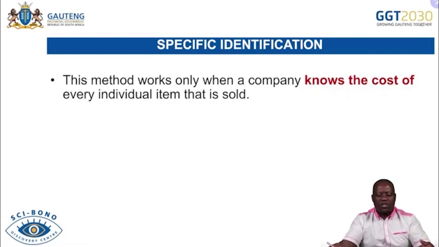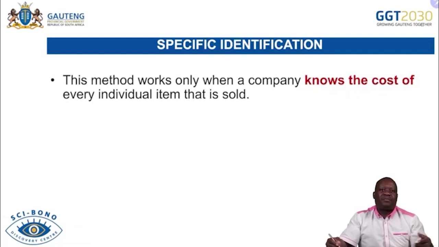So it is used for unique items, for big items that have got a unique price. If you go into a jewelry shop, those guys know exactly this piece is for so much, and they can even tell you from the back of their mind who they bought it from and at how much.